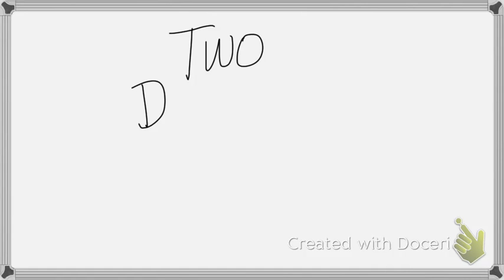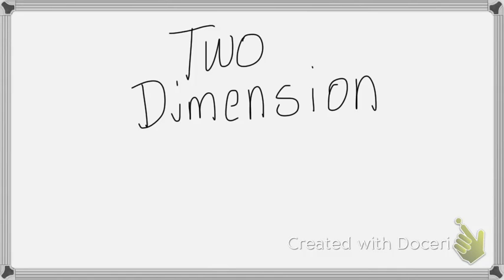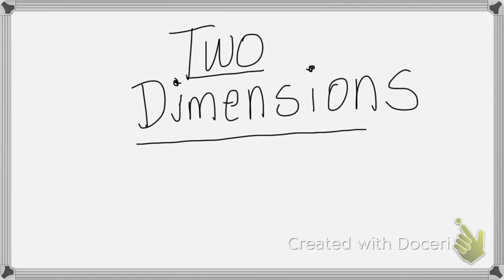Two dimensions, and this whole idea of dimensions is really, really important because there are some things that come up rather quickly in this topic that are probably the most problematic aspects of this idea of scale, and it has to do with this idea of dimensions.